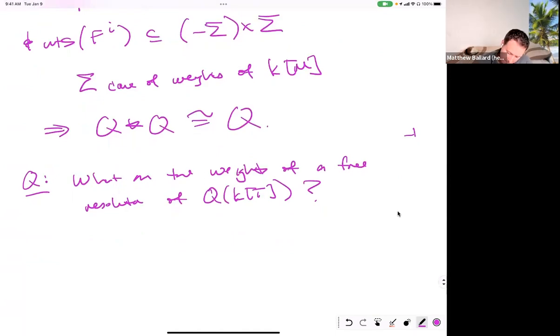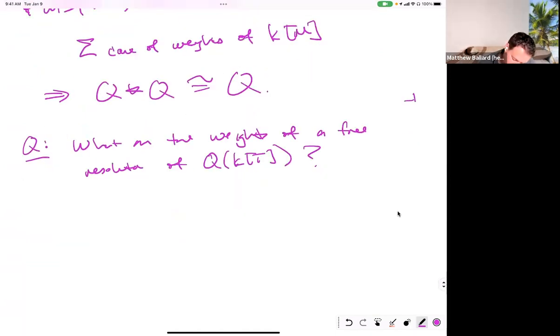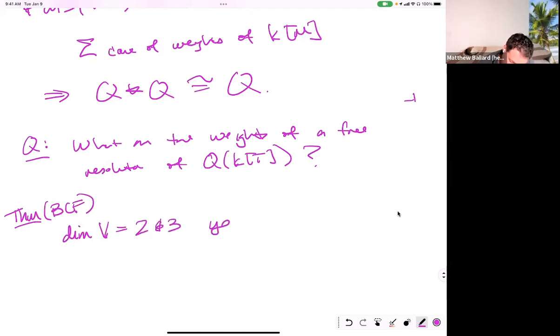Okay. And so for say dimension d equals 2 and 3, the answer is yes, they do. Okay.